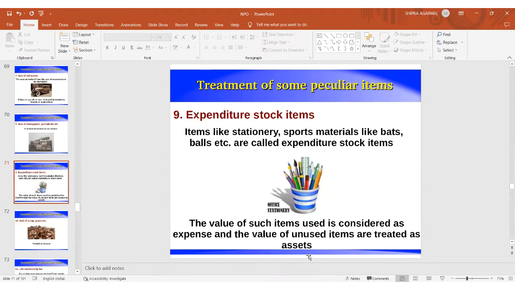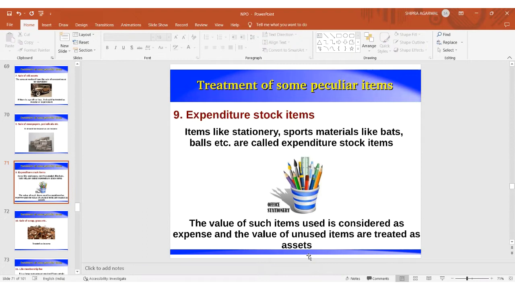Then there can be certain expenditure stock items like stationery, sports materials. They all are called expenditure stock items. And the value of such items, you keep on using them, right? It is not that you are going to store these items for the next 10 years.